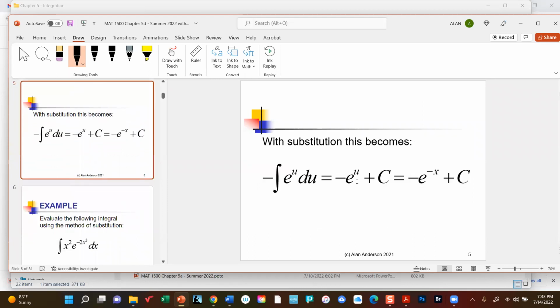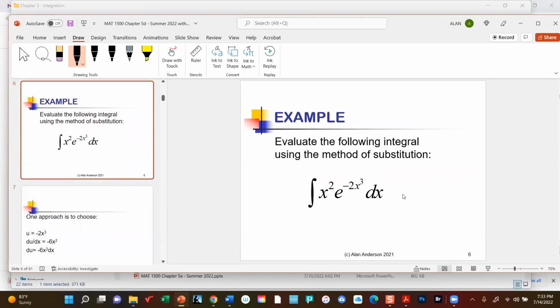So anyway, this is what we had. Well, with that under our belts, now we can try this one.